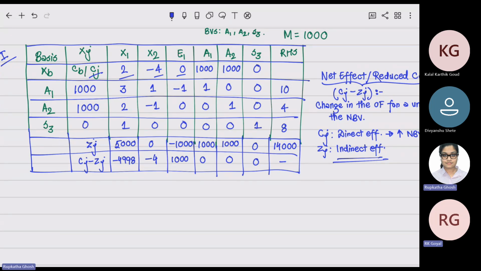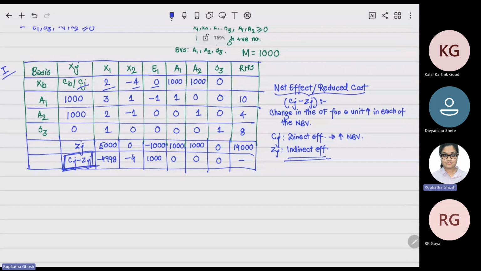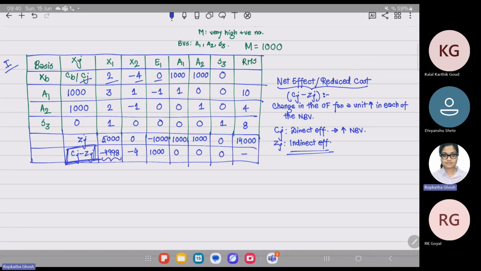Right. So does this mean that when I make a unit change in the, so what's the meaning of the 4 minus 4998 here then? So you basically have to remember the meaning of this reduced cost, that for every 1 unit increase in the non-basic variable, let's say here, according to this concept, you see it's minus 4998.